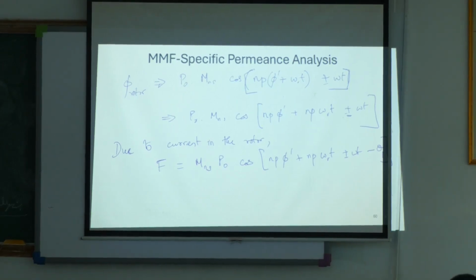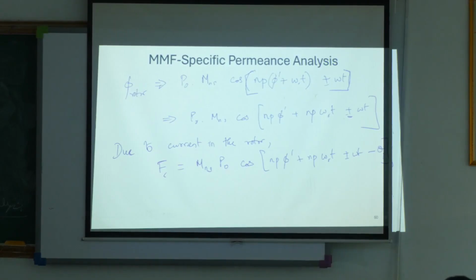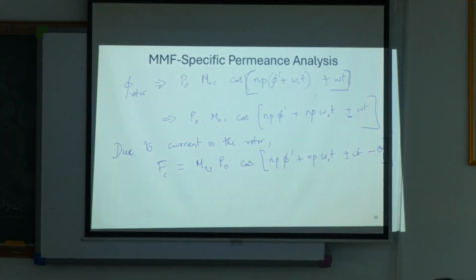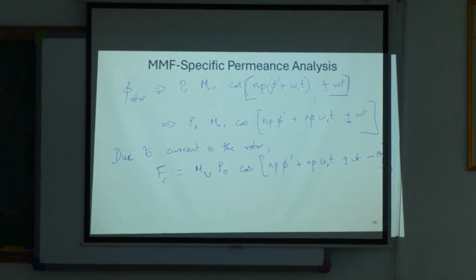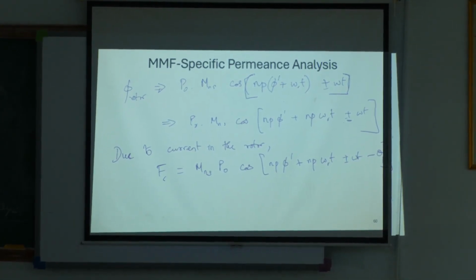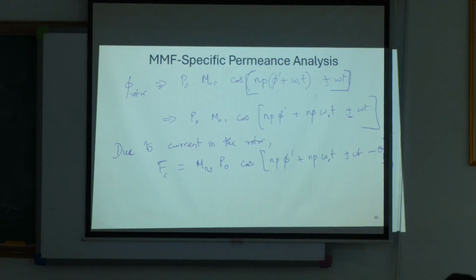Now this MMF, if you look at it from the stator reference frame, how will it look mathematically? So we have to again replace this using the angle associated with the stator frame of reference. So this MMF, due to current flowing in the rotor windings, will interact with the air gap. The MMF interacts with the permeance, right? So this MMF times permeance.